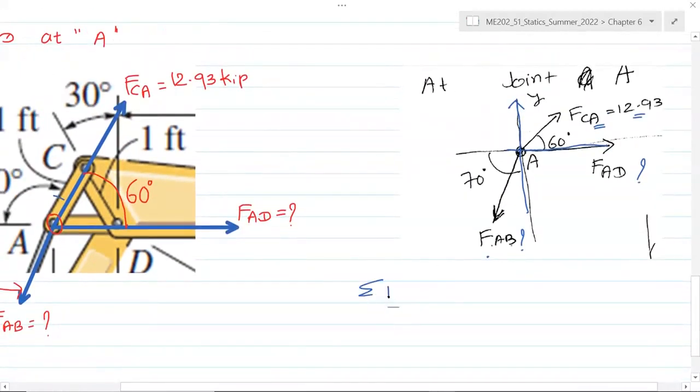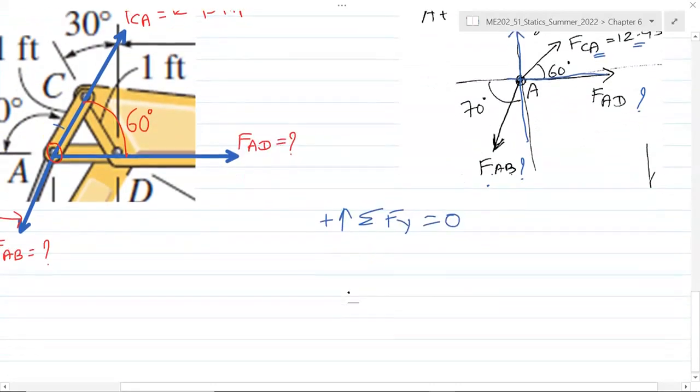Okay, so sigma Fy equal to 0, going up is positive. So FCA sine 60 minus FAB sine 70 is equal to 0.